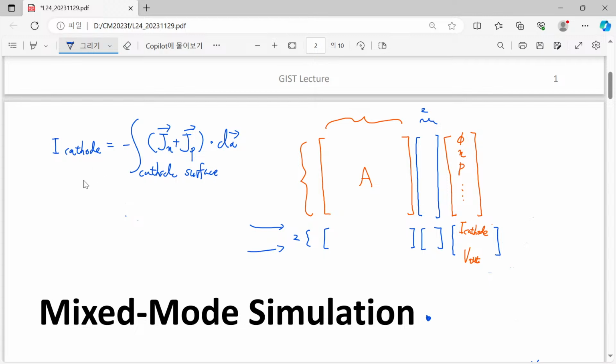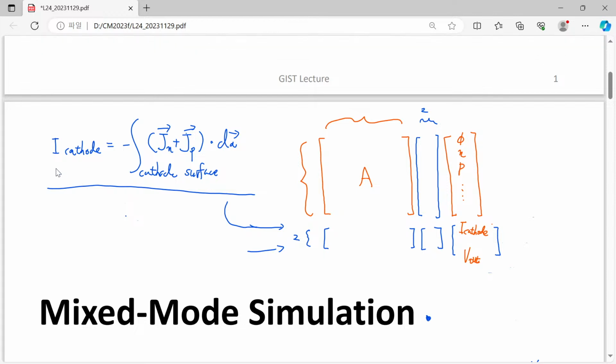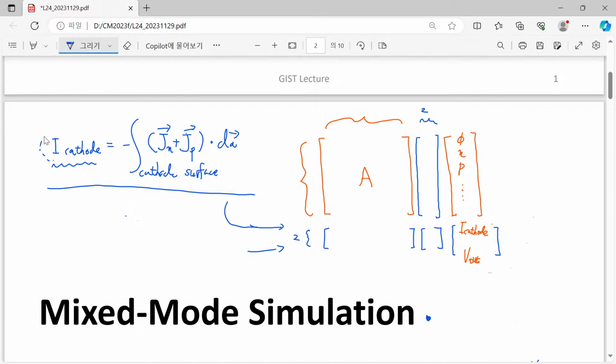This expression is required for our new line, and previously it was just a number you could calculate. However, now it should be considered as another unknown variable. So now you have something like this: I cathode plus this integration should be 0. That is your residue for this line.